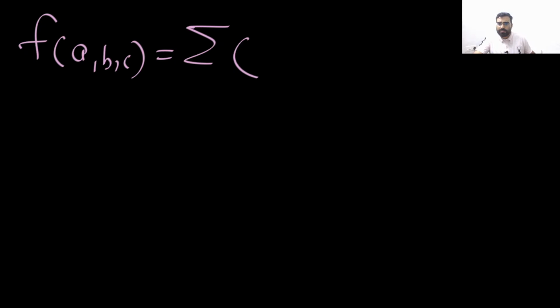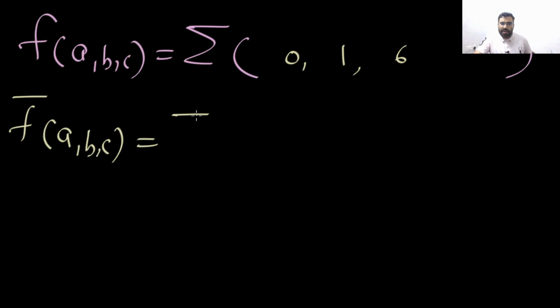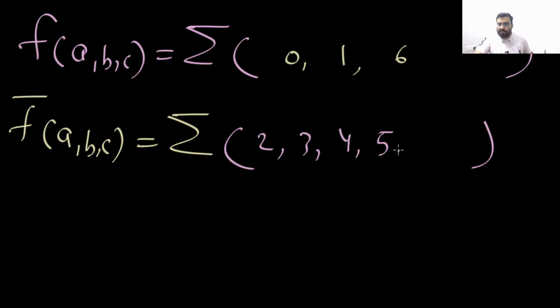For example, if I give you a function f of a b c, let's assume this is the function 0 1 6, then what will be f complement? That will be 2 3 4 5 7.